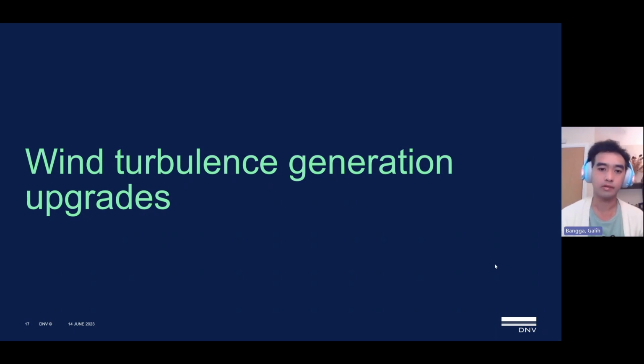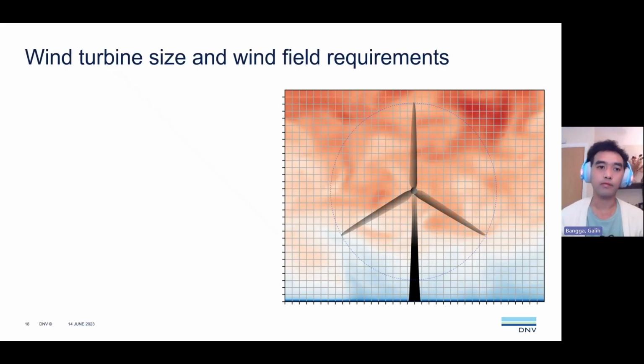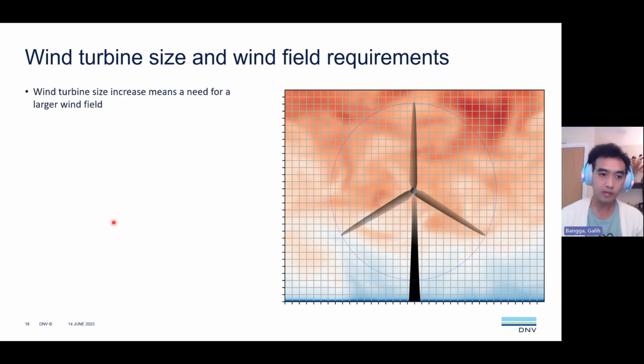So first of all, we know that the size of the wind turbine increases significantly nowadays, and therefore, what are the requirements with the increase of the wind turbine size with respect to the turbulent inflow, and how the wind file size has to accommodate the increase of the wind turbine itself.